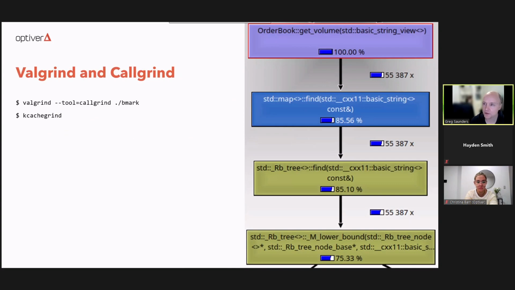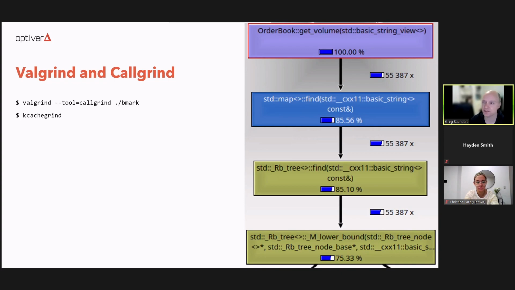Now, the first tool I want to introduce you to, if you haven't seen it already, is a tool called Valgrind. Valgrind was originally a tool for debugging memory allocations in your program, and it evolved into more of a framework for analysis tools. One of the tools is called Callgrind, and what it produces for us is a visualization of the call graph.